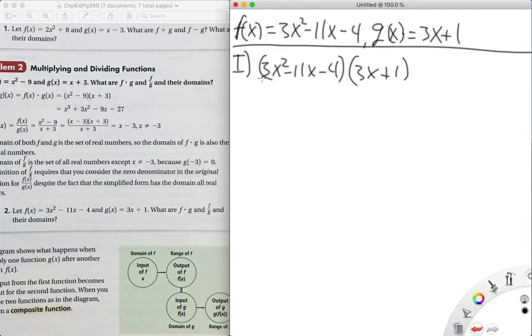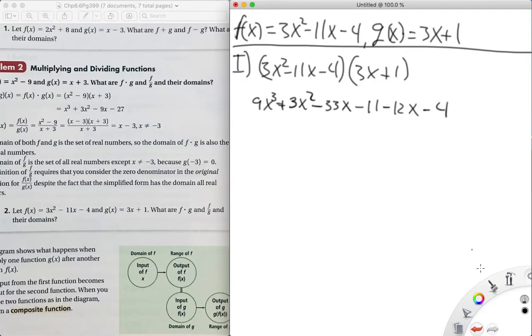You're just going to use something like FOIL. So 3x times 3x squared is 9x cubed, 3 times 1 is 3x squared, negative 11 times 3x is negative 33x, negative 11 times 1 is negative 11, negative 4 times 3x is negative 12x, negative 4 times 1 is negative 4.